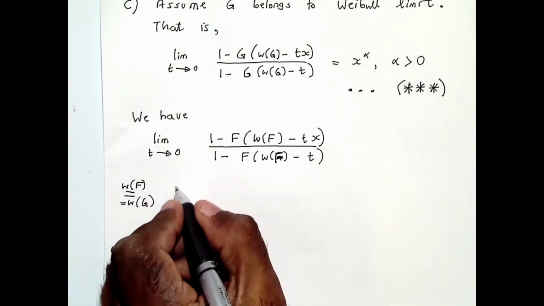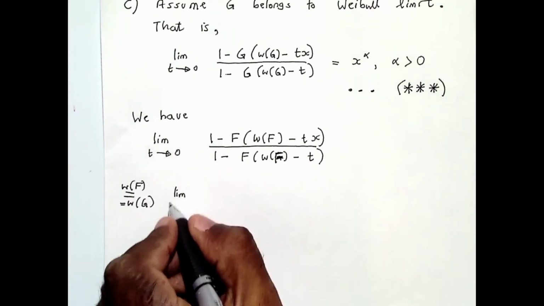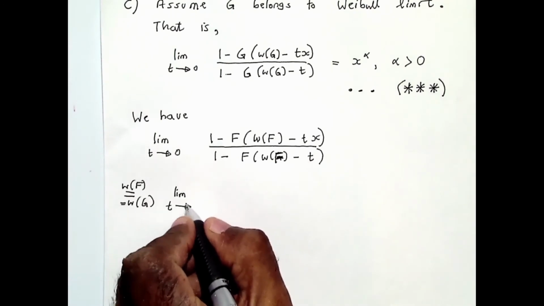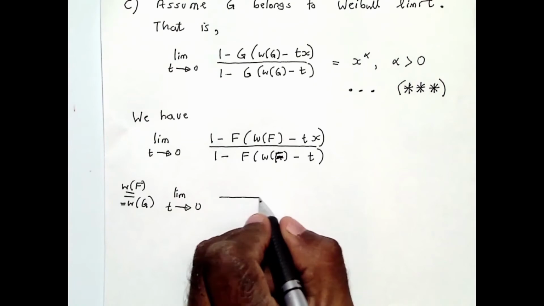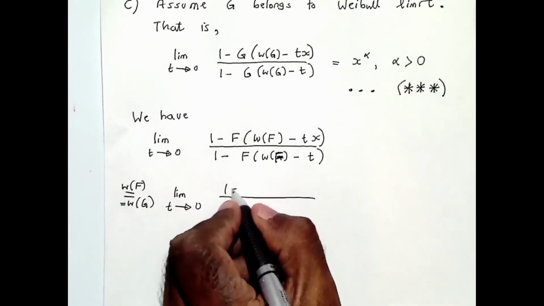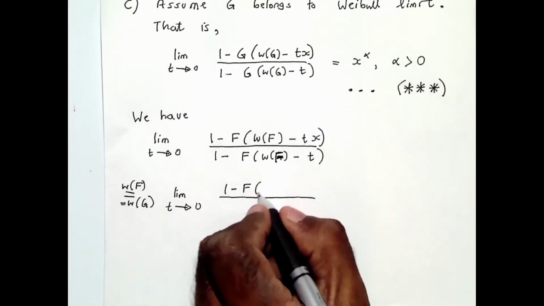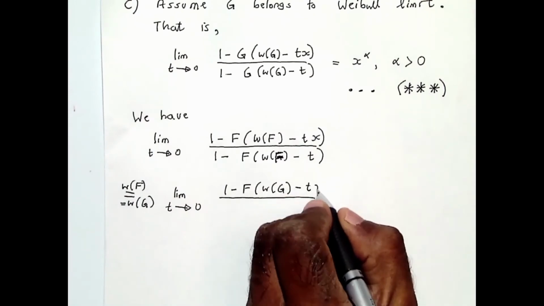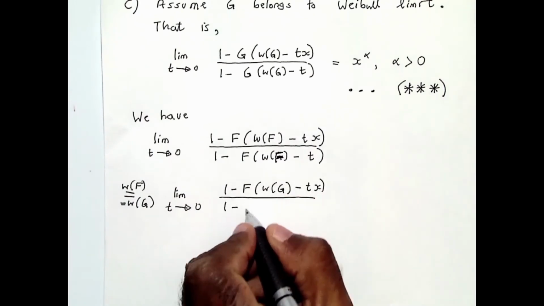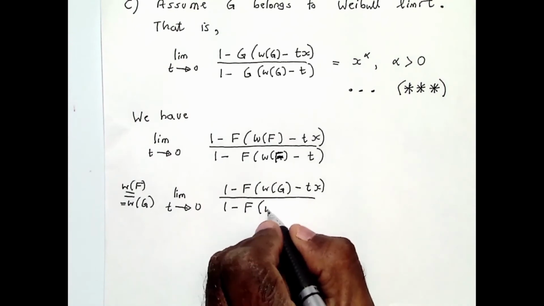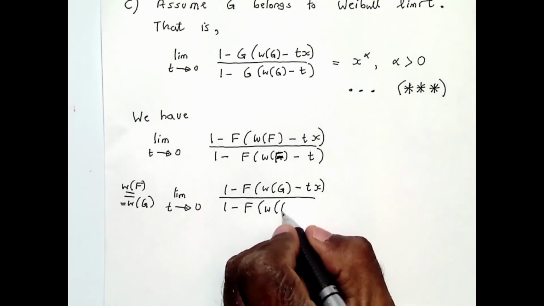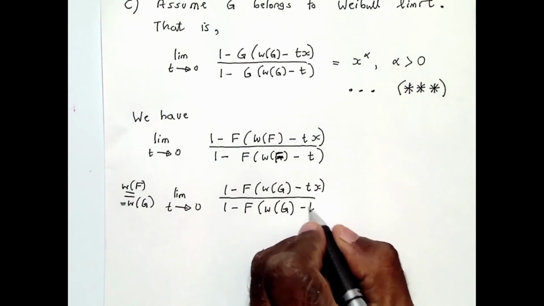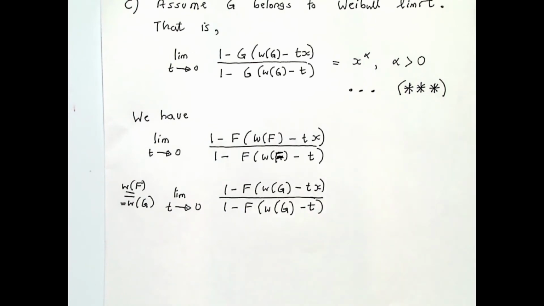So this is the same as the limit as t approaches 0 of... That's the first step.